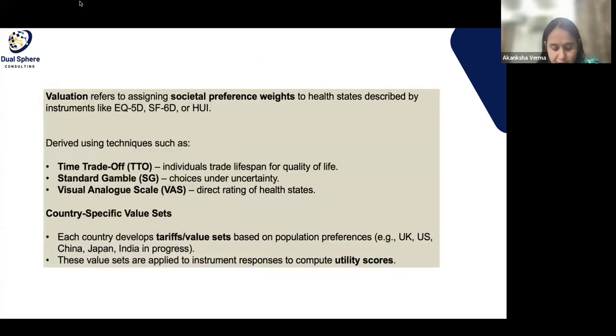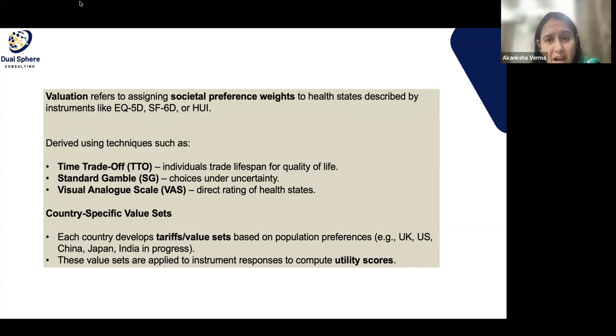Next comes valuation. Mapping is a different thing. Mapping is used when you have non-preference based PROs available and you have to derive utility values out of them. Valuation is when you want to assign societal preference weights to health states which are described by an instrument like your generic tools. So mapping is used for your disease specific tools, while valuation is used for your generic tools.